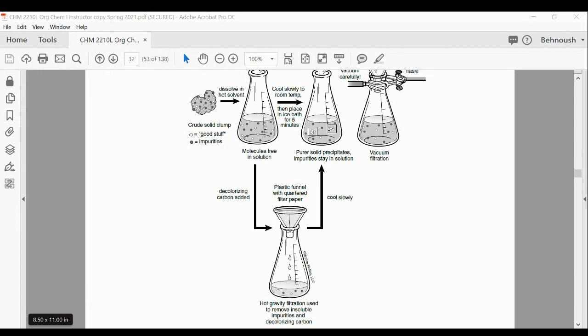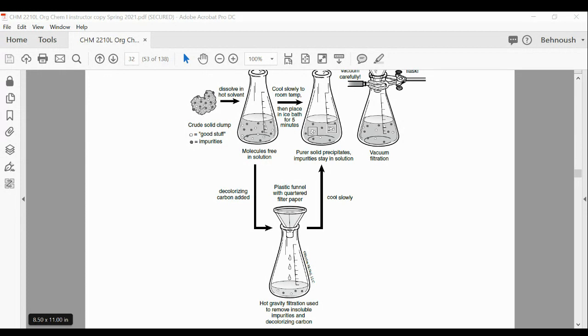At the same time, we are removing some of the crystals. We don't want to remove those crystals in this hot filtration. That's why it's called prematurely. You can't lose crystals with the price of removing impurities. So to avoid losing crystals, we have to filter it hot so we don't lose crystals, we only collect impurities.